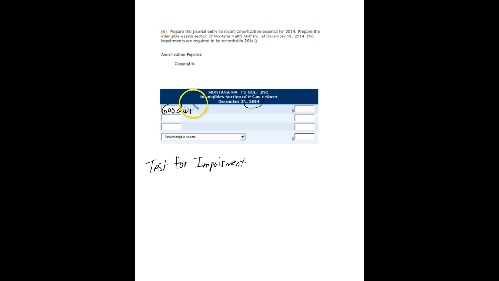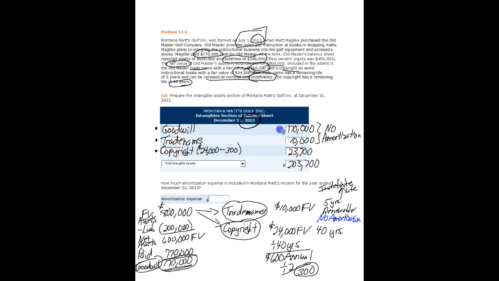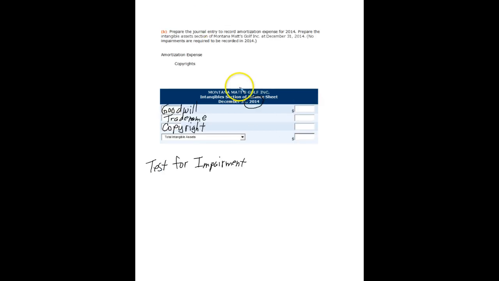So let's go ahead and list these again. So goodwill, trade name, and copyright. So taking a peek, the goodwill and the trade name, we don't amortize those, so those keep the same amount, $170,000 and $10,000.